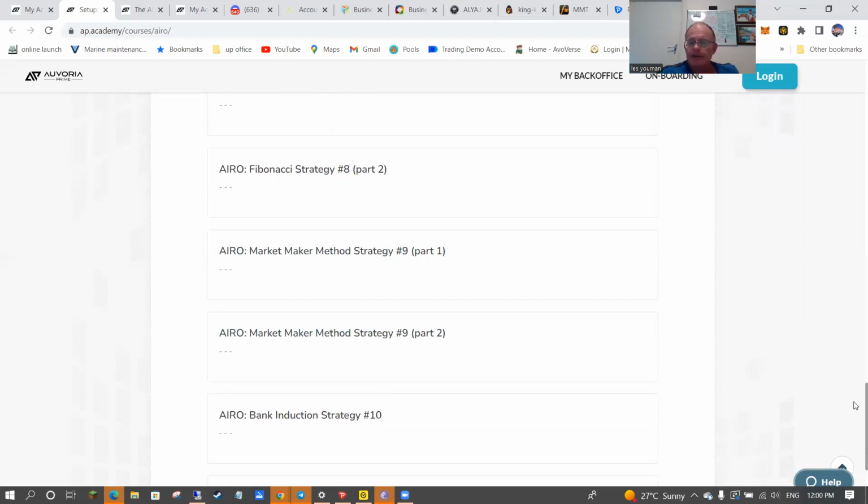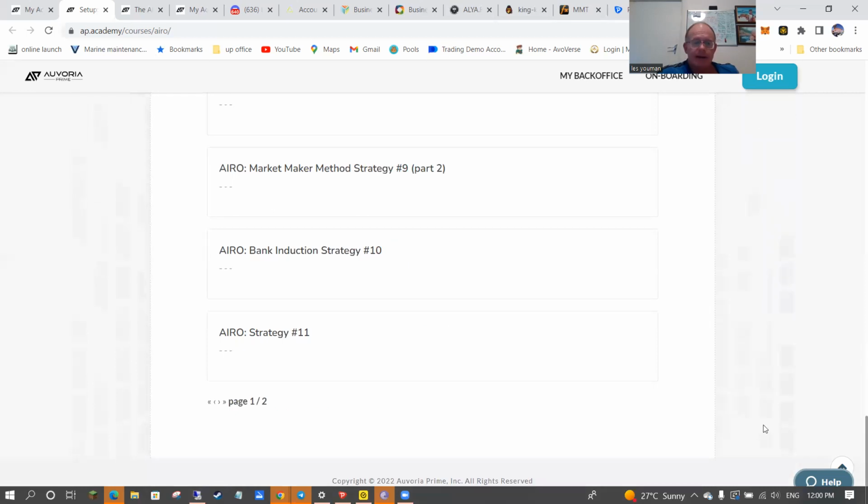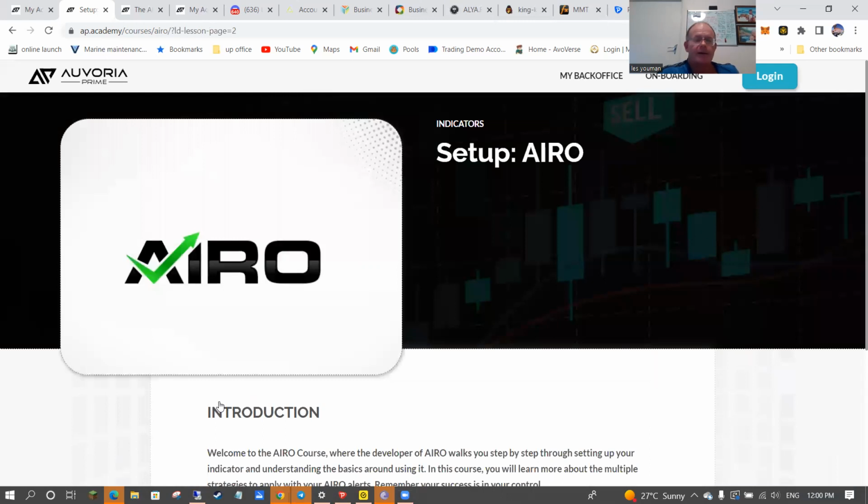Bank induction strategy. So we've just got 10 and 11, and we've got another page to it. Okay, so you've got all of those different strategies.